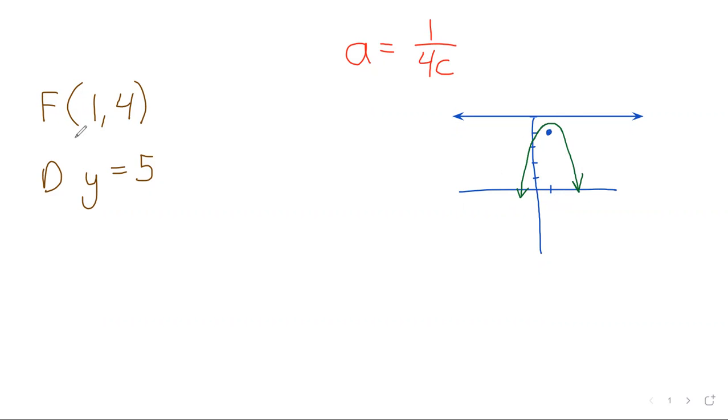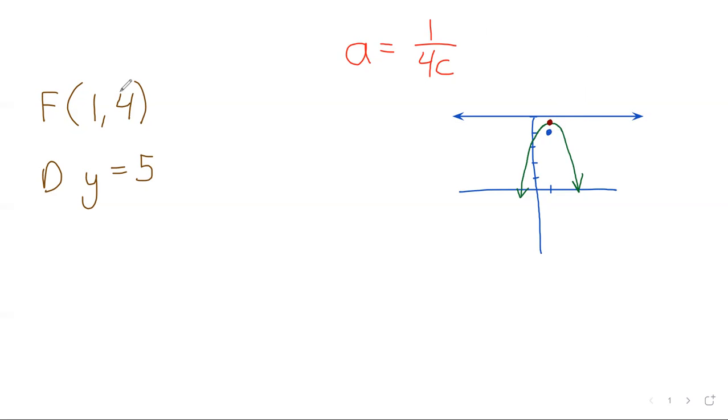This also shows us that if we want to get the coordinates of the vertex, which let me mark here, so here's the vertex of the parabola. And then c is the distance from the vertex to the focus or the vertex to the directrix.